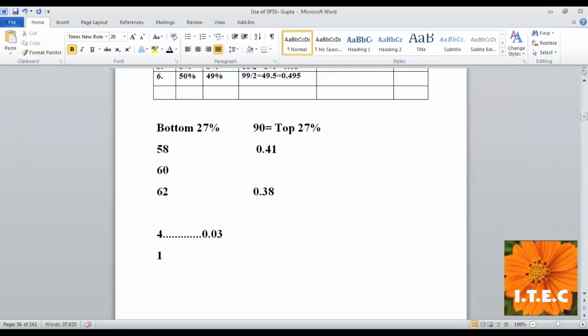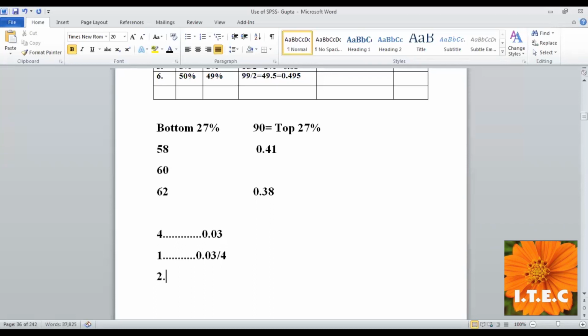And when the difference is 1, then it is 0.03 divided by 4, because between 58 and 62 the difference is 4. And between 58 and 60, the difference is 2.